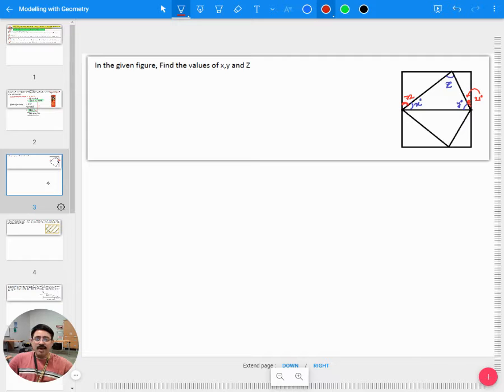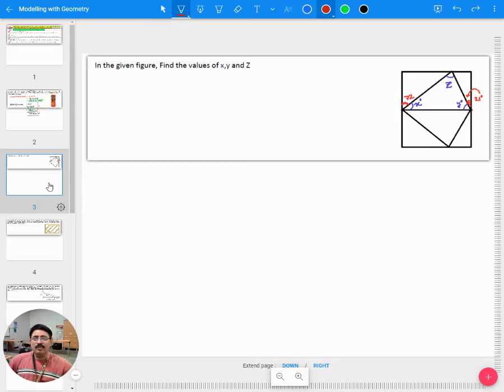Therefore, of course, here no letters are mentioned, but if I consider this part, these two are perpendicular to each other, therefore 72 degrees and x together make 90. In the same way, here 21 degrees and y, these two together are also making 90 degrees because the lines are perpendicular to each other.